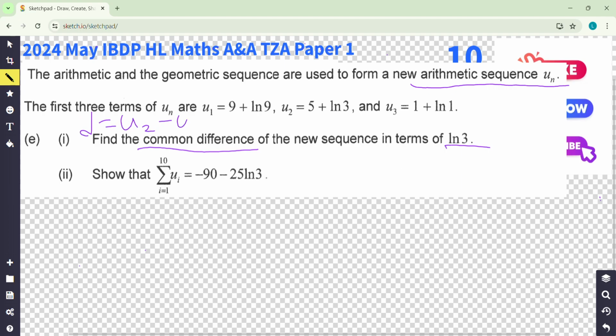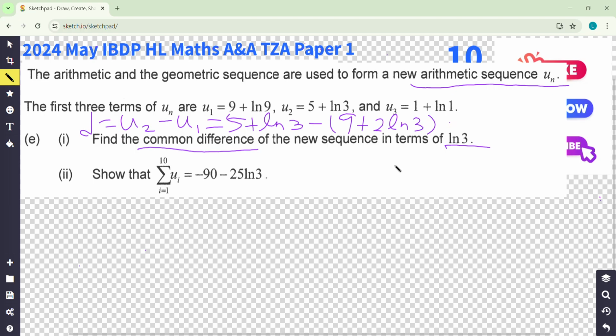U2 minus U1. Substitute U2 is 5 plus log 3. Get ready. For U1 you can do something first. 9 plus, well, it's not 9. Log 9 is log 3 squared, so it is 2 log 3.